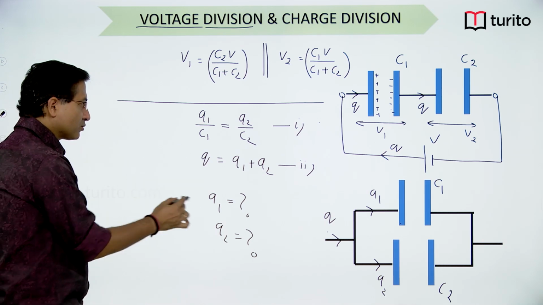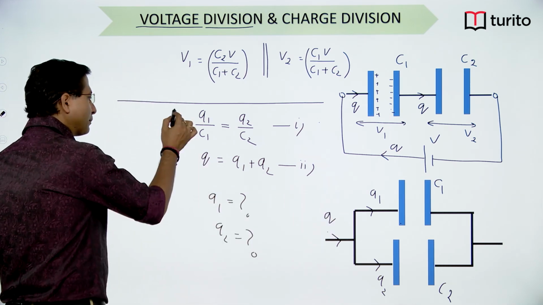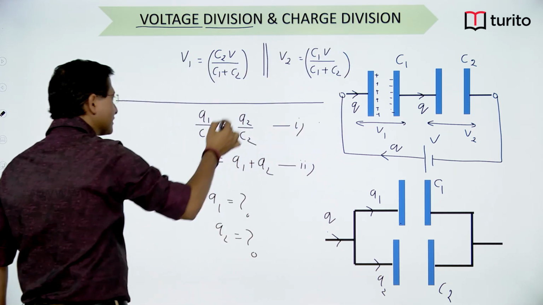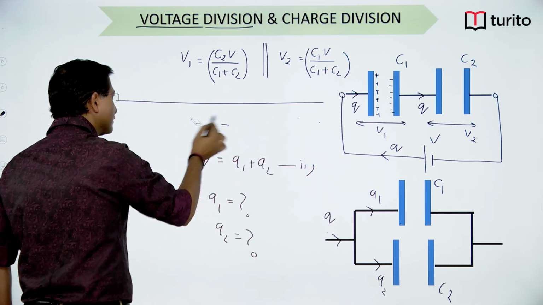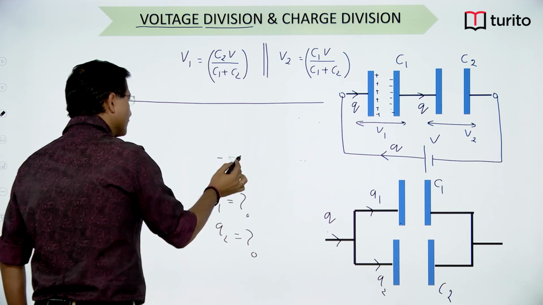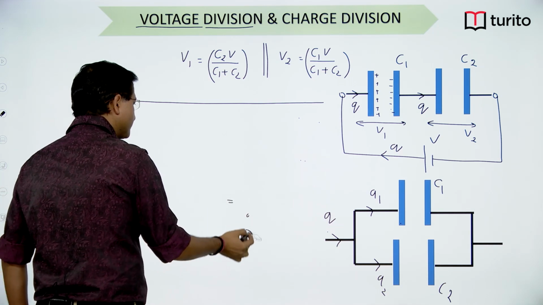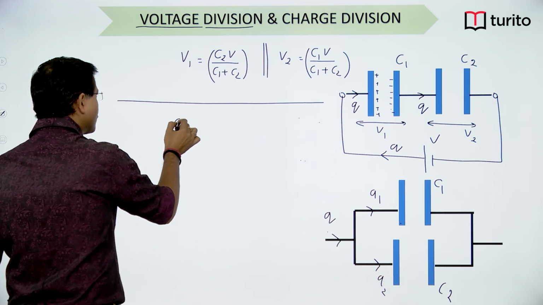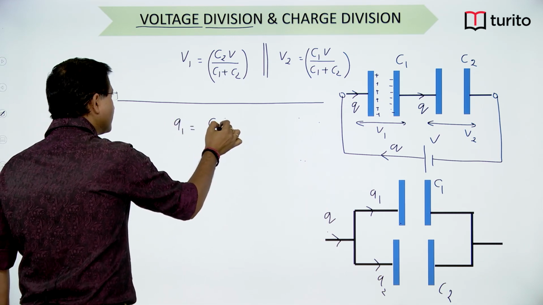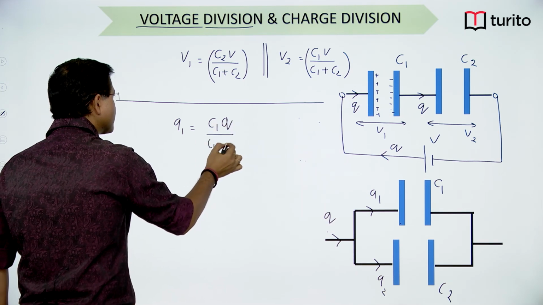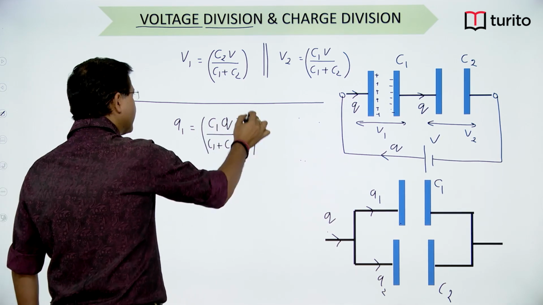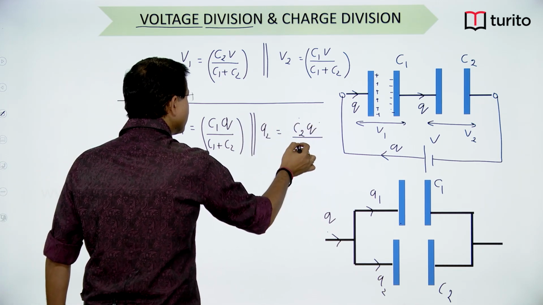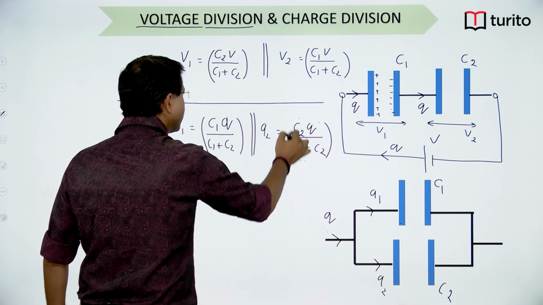I hope this procedure is clear for two capacitors connected in parallel, how charge is getting divided, right. So we are talking about charge division. So Q1 we are getting C1Q divided by C1 plus C2 and Q2 is equal to C2Q divided by C1 plus C2, right.